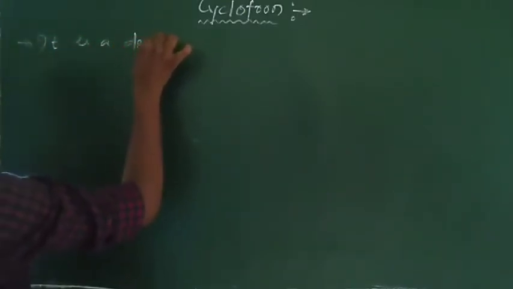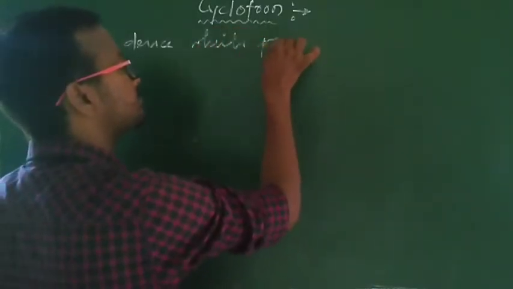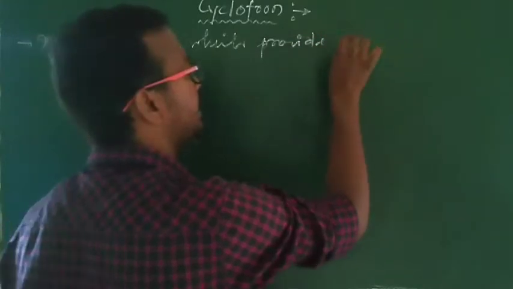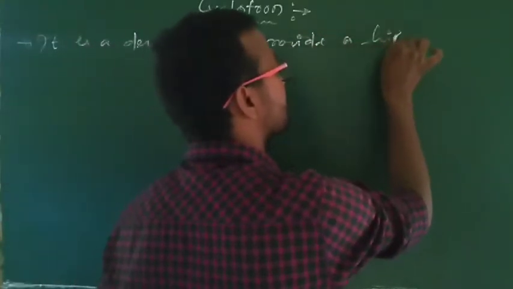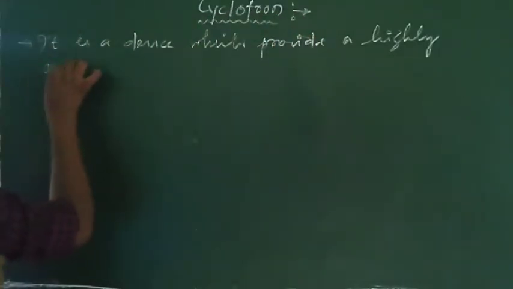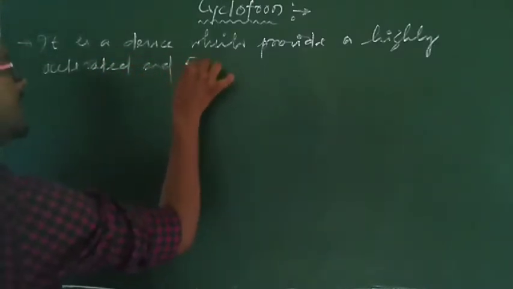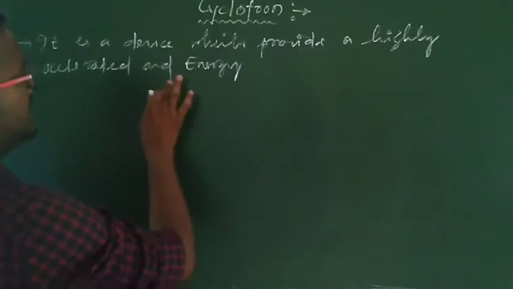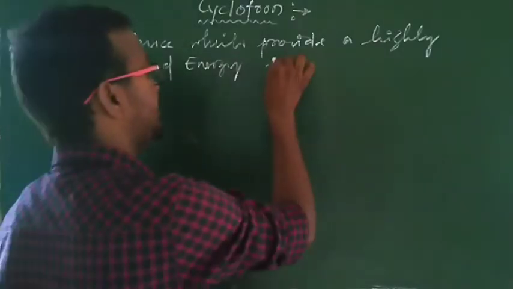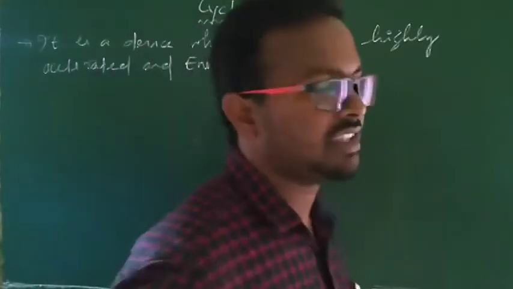So the meaning of cyclotron is that it is a device which provides a highly accelerated and highly energetic particle. Highly accelerated and highly energetic particle. And that machine is known as cyclotron.